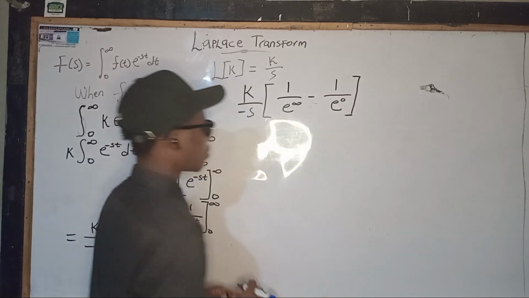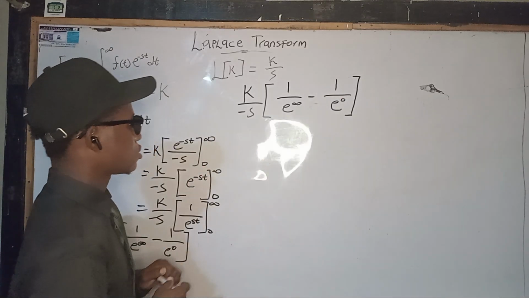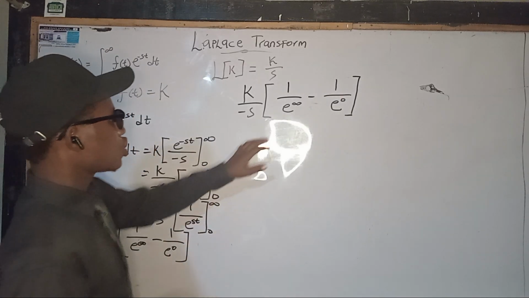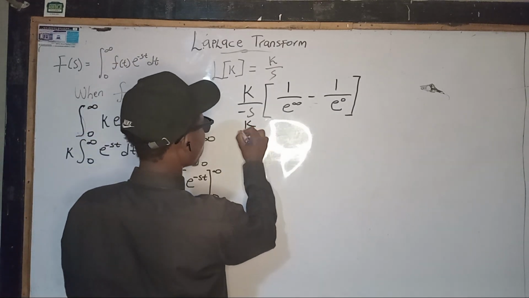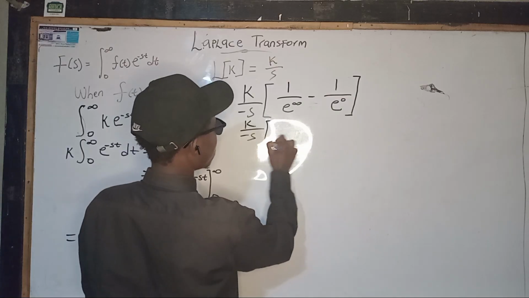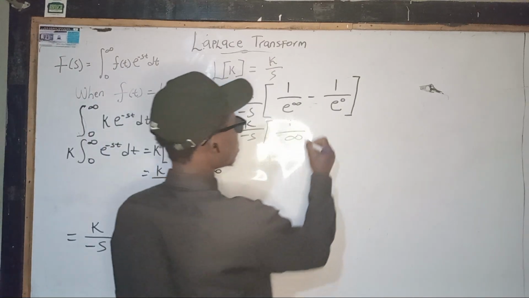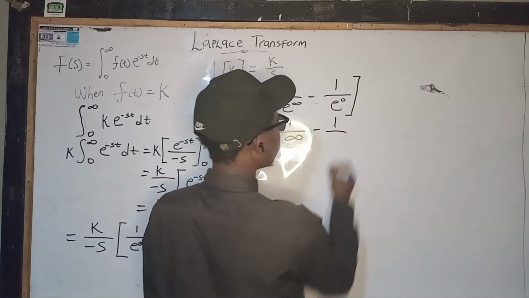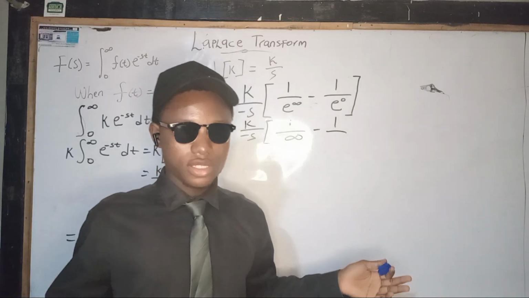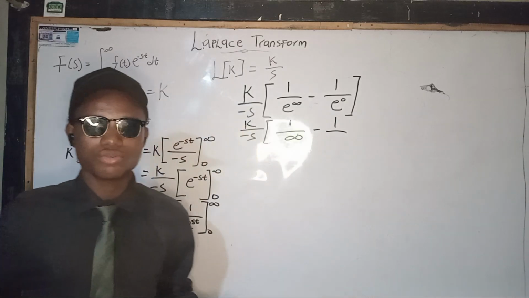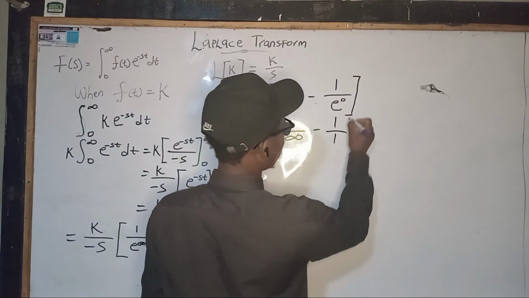Since e raised to power infinity is equal to infinity, we have k over minus s times 1 over infinity minus 1 over e raised to power 0. Now in this particular case, anything raised to power 0 is equal to 1. This is the basic indices principle that a lot of us know. So we just do 1 over 1.